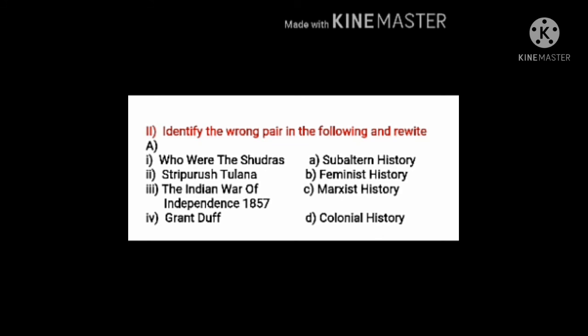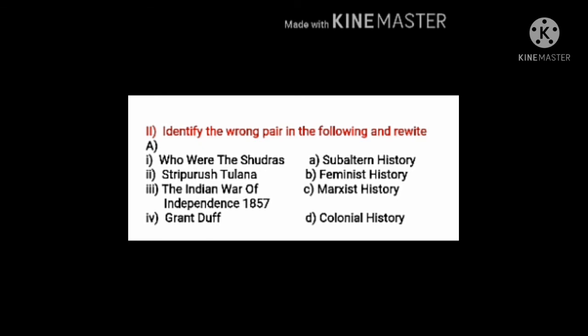The first one, Who Were the Shudras, subaltern history. Stree Purush Tulana, feminist history. The Indian War of Independence, Marxist history. And Grant Duff wrote colonial history. Now you have to identify the wrong pair.